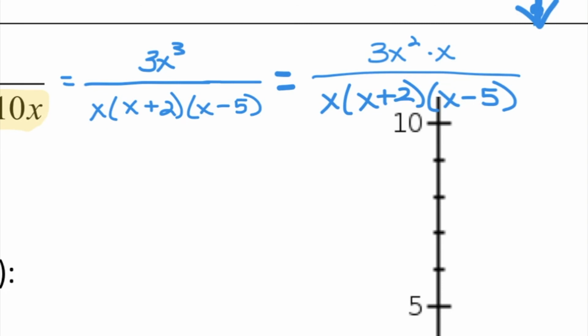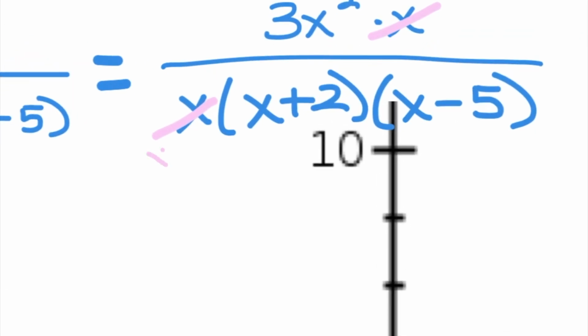Because really what I want to do is show you that those x's cancel, and so x equals 0 is going to be a hole. But because these other two don't cancel, x is negative 2 and x is positive 5, those are both going to be vertical asymptotes.